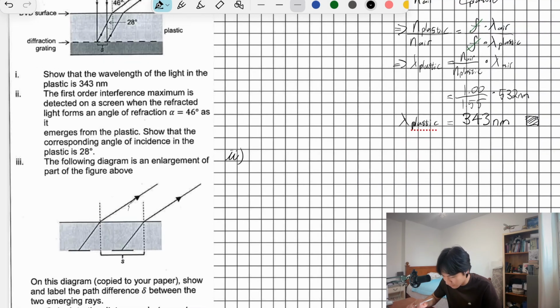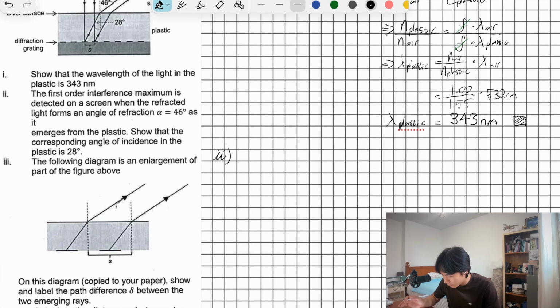Okay, what does part 2 ask? The first order interference maximum is detected on a screen where the refracted light forms an angle alpha of 46 degrees as it emerges from plastic. Show that the corresponding angle of incidence is 28 degrees.